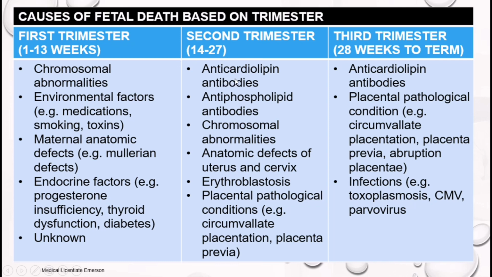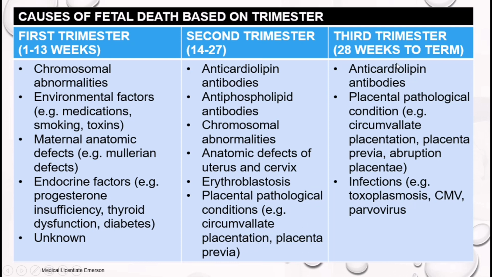So we can have causes such as anticardiolipin antibodies. Remember, these are found even in APS. Then we have antiphospholipid antibodies, chromosomal abnormalities, anatomical defects of uterus and cervix, erythroblastosis, placental pathology conditions such as circumvallate placentation, placenta previa.